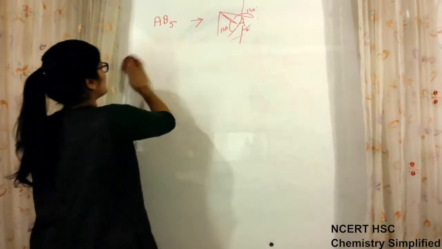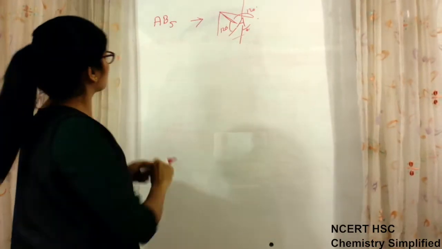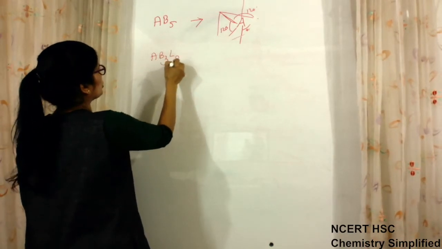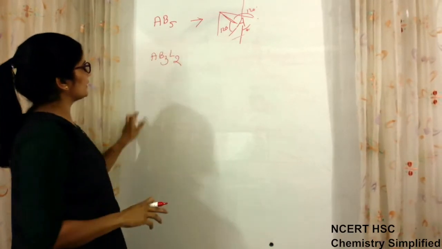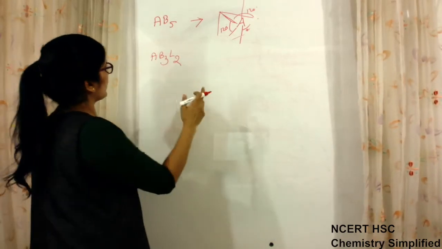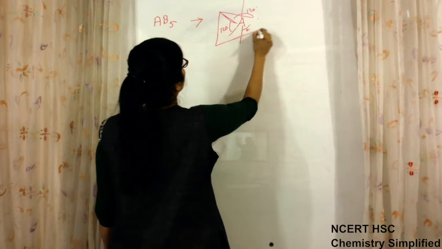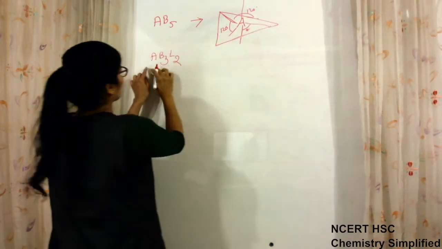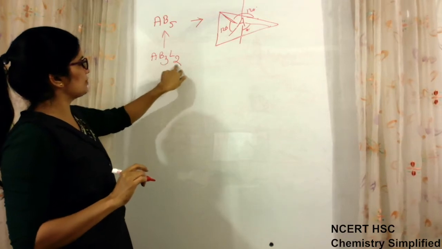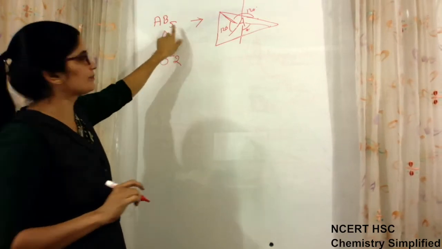Now second type is AB3L2, 3 plus 2 is 5, total 5, AB3L2 type of molecule. Okay, now again, whenever we get this, we have to compare it with the original. AB3L2 is 3 plus 2, 5, AB5.